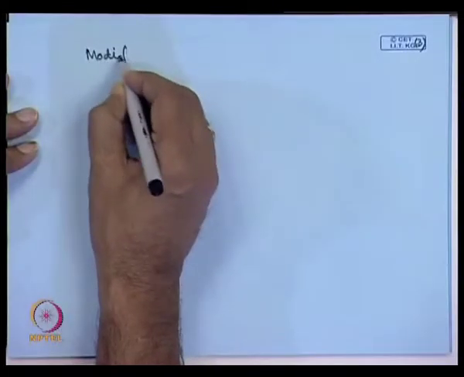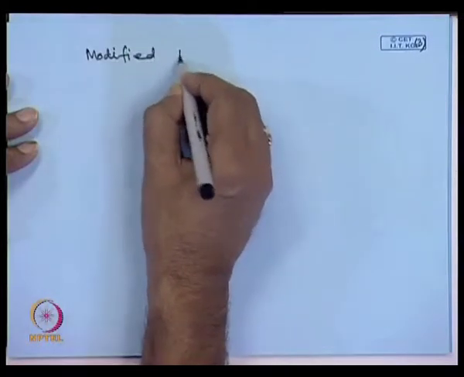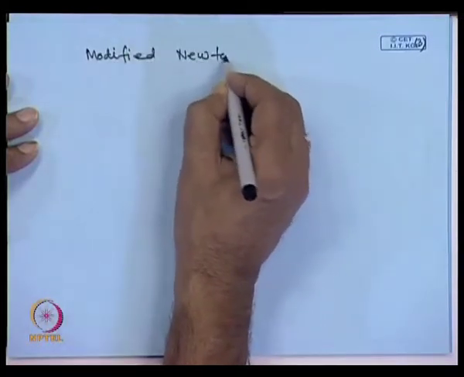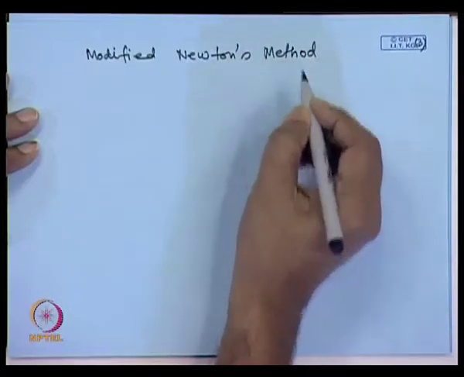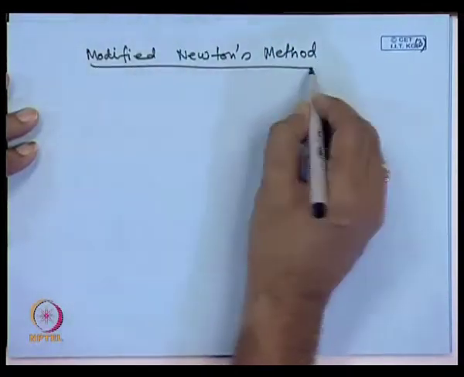So, one way is the modification of Newton's method for finding the minimum value of unconstrained optimization problems. So, our modified Newton's method while solving unconstrained optimization problems.